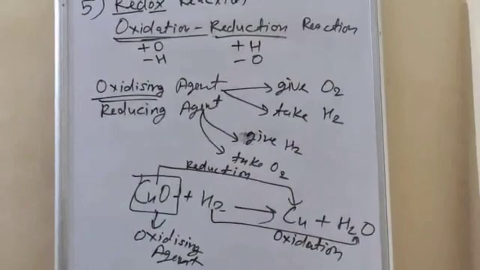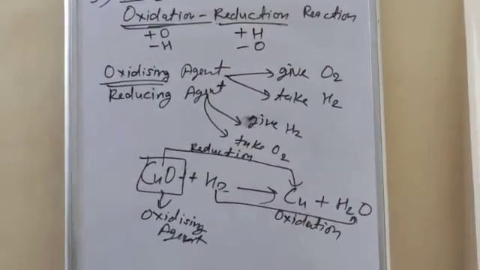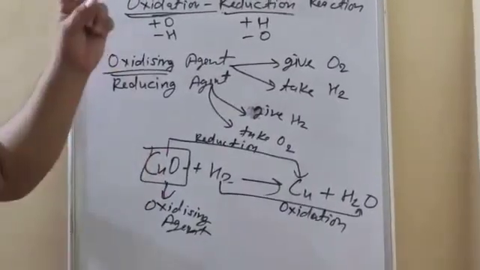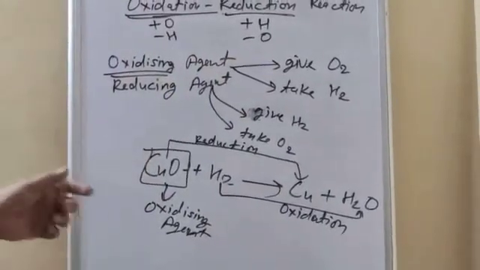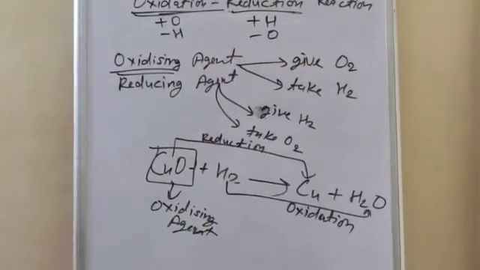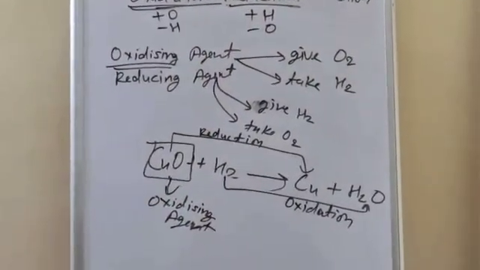Understood? A substance which gives oxygen for oxidation is known as an oxidizing agent. Simple. Which gives oxygen is the oxidizing agent, or which takes hydrogen.